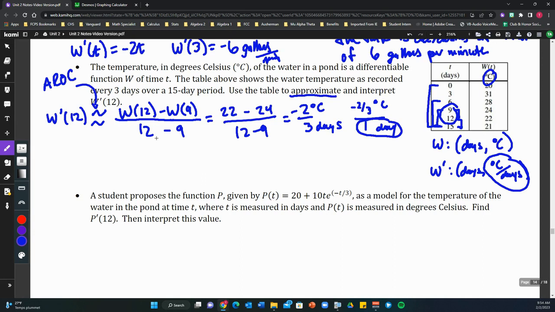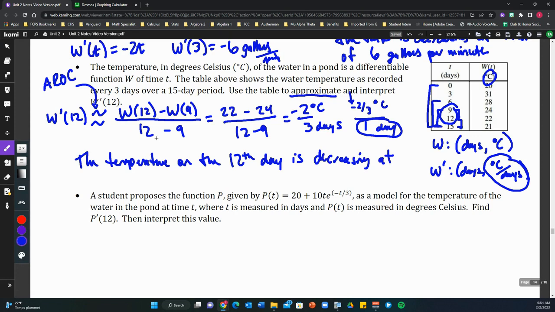So as far as interpreting goes, we know that the temperature on the 12th day, again, if we look at the sign, it's a negative slope, so we know that the temperature is decreasing.